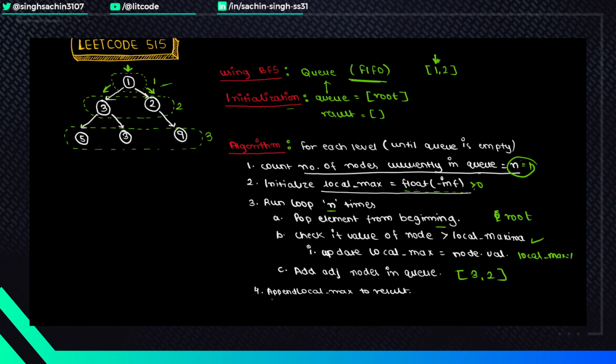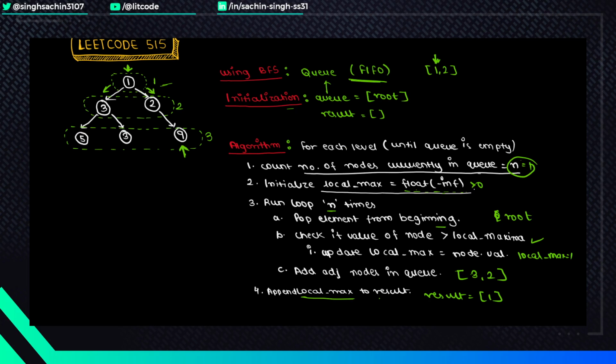At the end we'll append the local maximum value to the result. So now the result will look like this. Next time we'll repeat the same steps until our queue is empty, and that will happen once we process this node, because this node basically denotes the end of the structure, right? So this will be the approach we are going to follow.